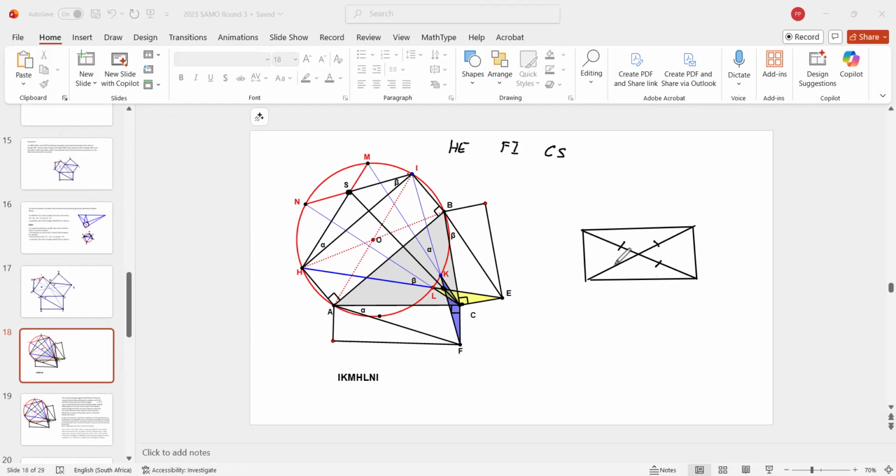It means if I choose this as a center, that circle will go through those 4 points. So the center of the circumscribed circle of a rectangle is where the 2 diagonals meet. So I've drawn these 2 diagonals here, and this is going to be the center.